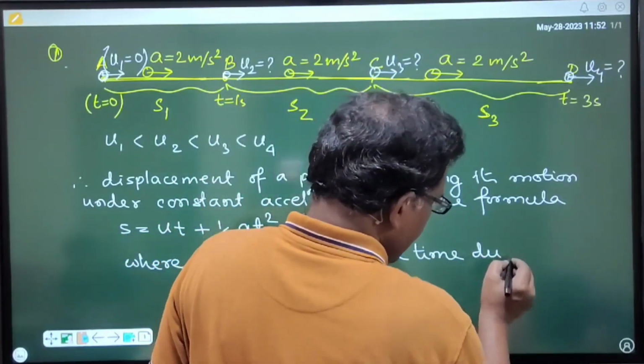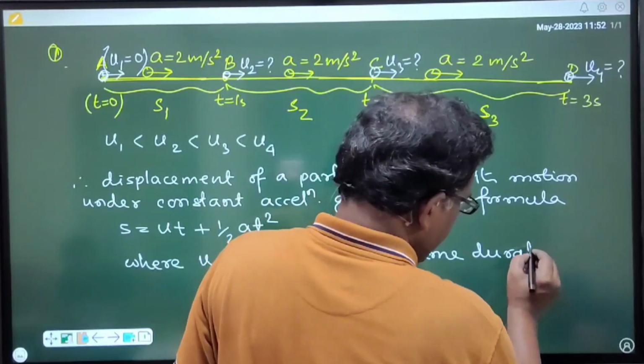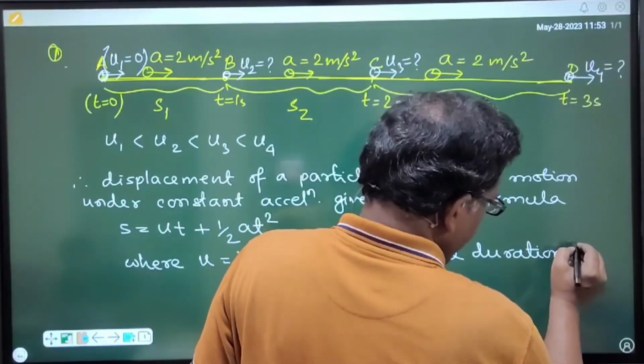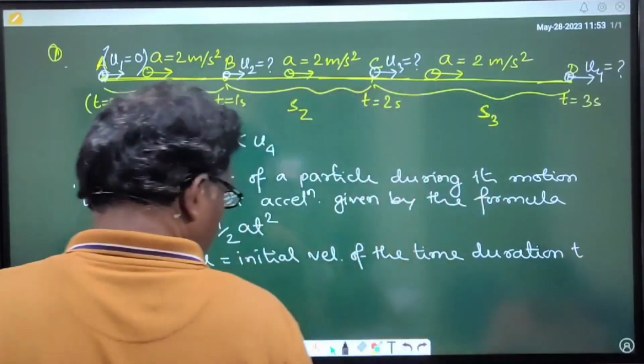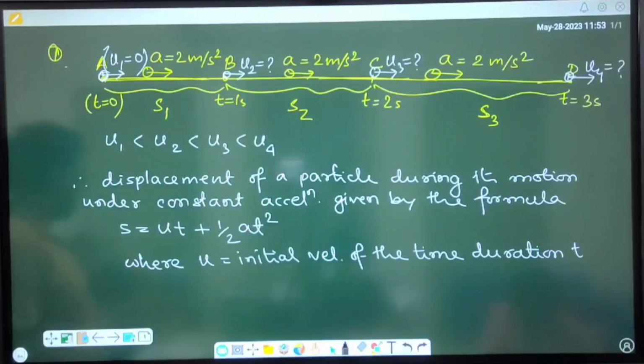Whatever the time duration we are going to use in the formula, for that duration of time, u will be the initial velocity of the journey. That means at the starting position.